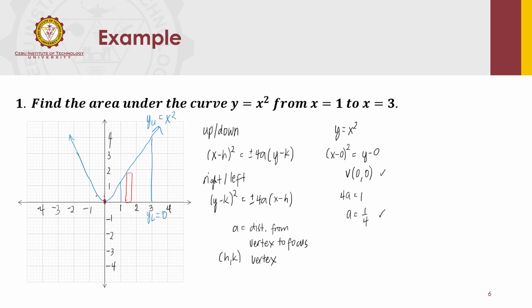Okay, so for this one, it would be best if our strip is vertical since our function is already expressed as y equals x squared. So we don't need to get the square root or perform other operations just to write y upper or y lower.